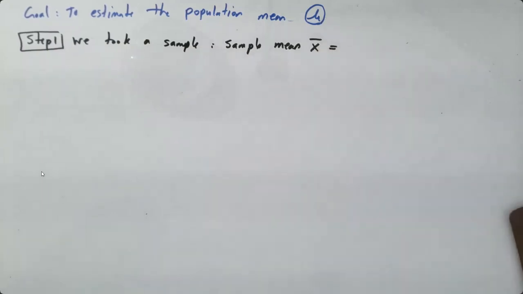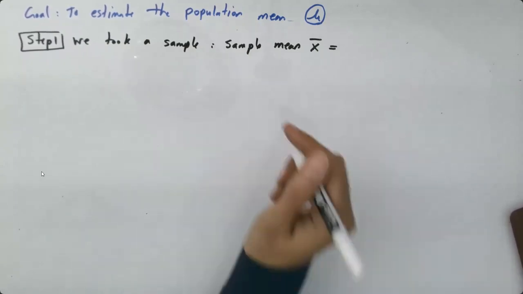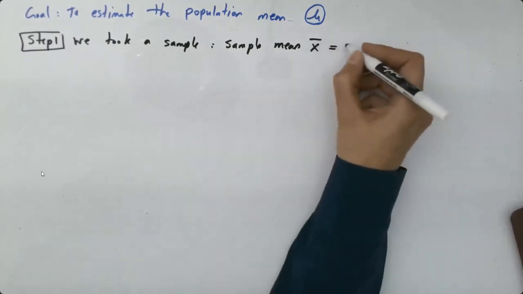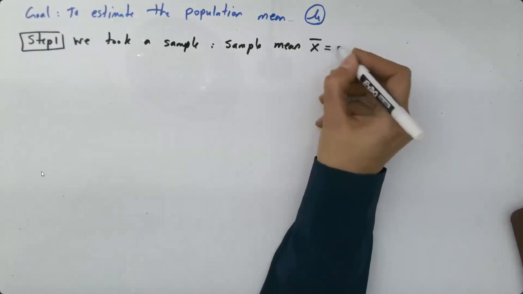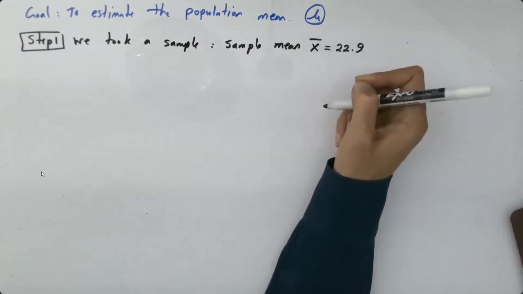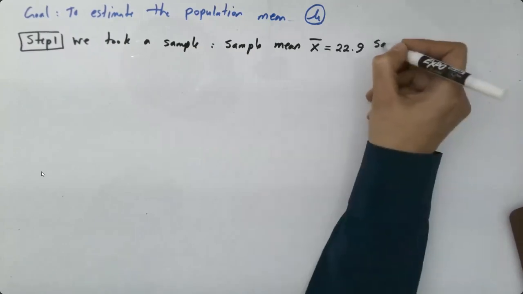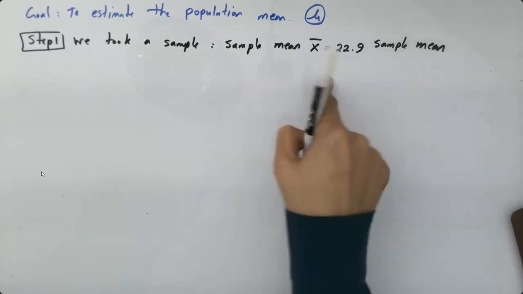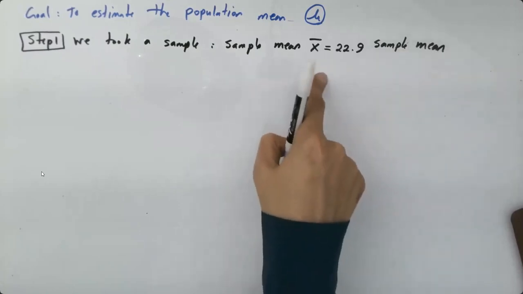This is given to us. What is the mean age for the sample? The mean age for the sample is 22.9 years. So this is your sample mean. So far, so good. We have the sample mean.